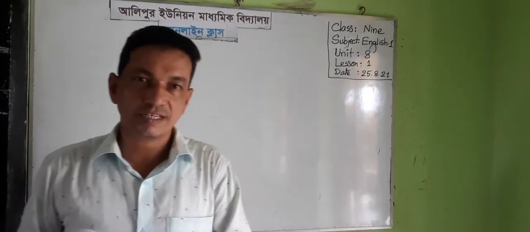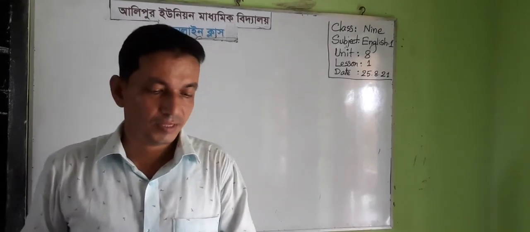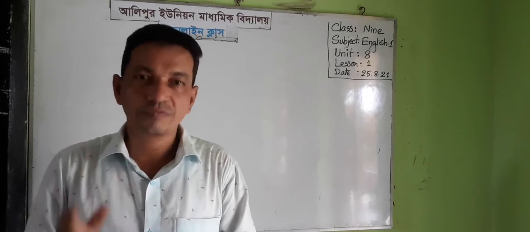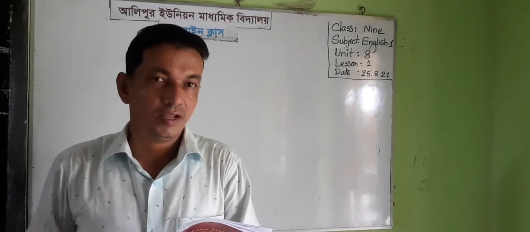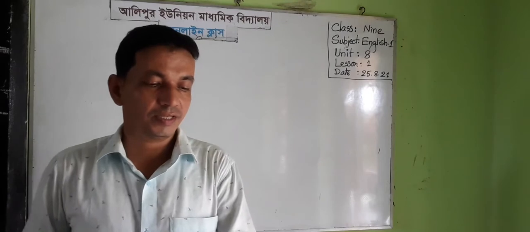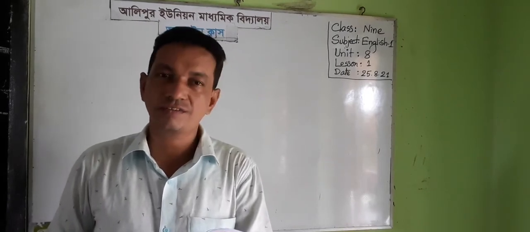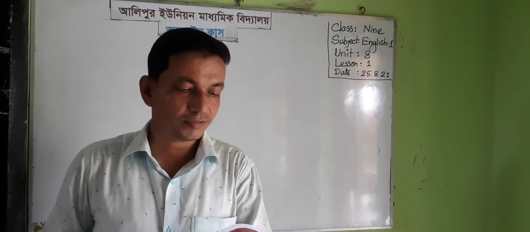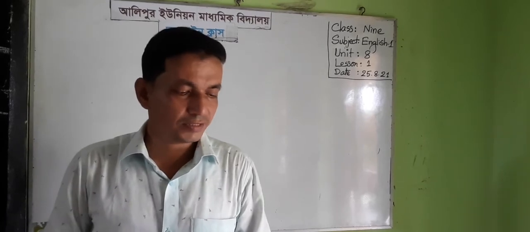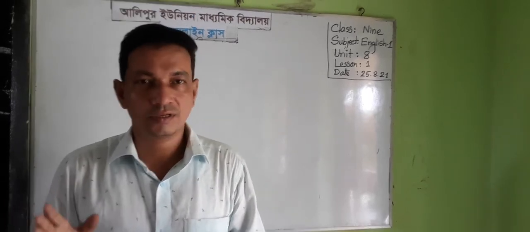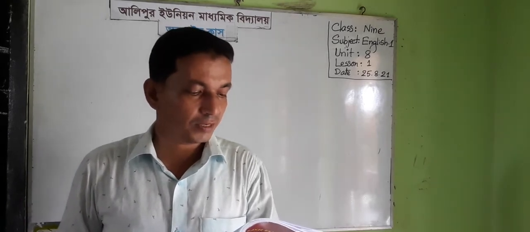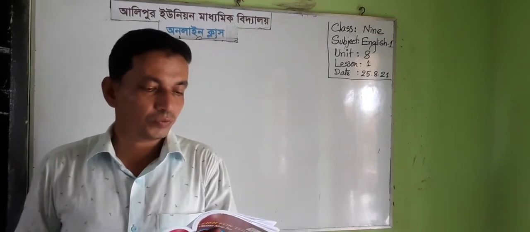And the answer is that we can see an old building in the picture. The next question is, do you have a building like this in your village or town? Yes, we have to say there is a building like this in our town or village. The third question is, what do we call it?